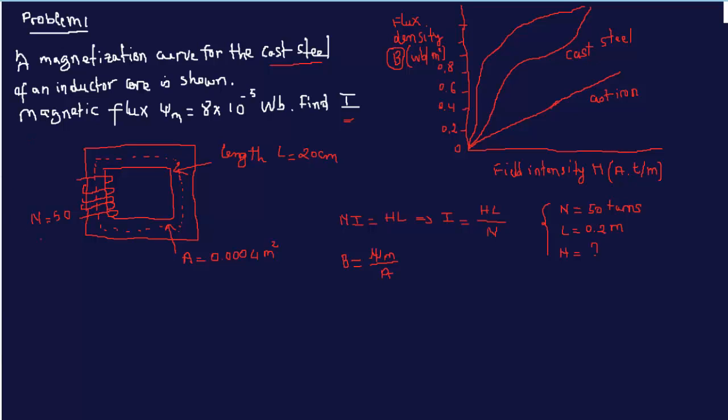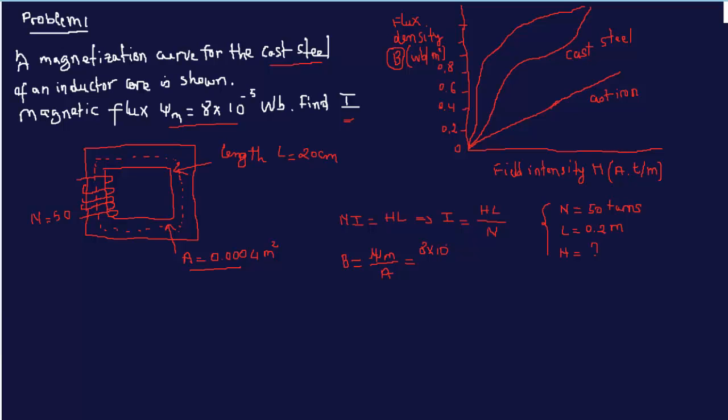Alright, so we're going to calculate B. B is the flux density, and that's in Weber per meter squared. Phi is already given as 8 times 10 to the power minus 5, and area is 0.0004 meters squared.